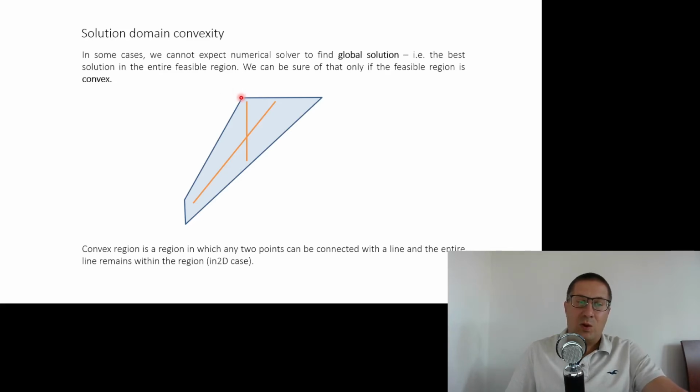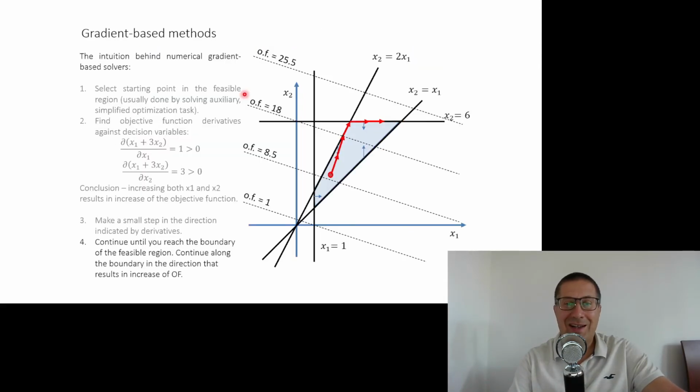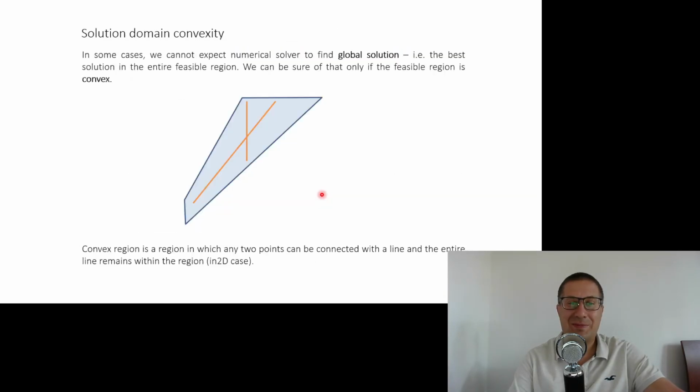So what is a convex region? This is not a plan of an airport. As you remember, this is our feasible region from the previous task. And the convex region is a region in which any 2 points, like this one and this one, or this one and this one, can be connected with a line, and the entire line remains within the region.